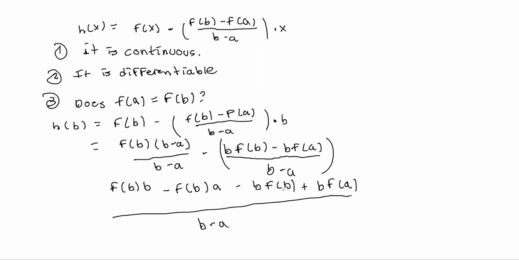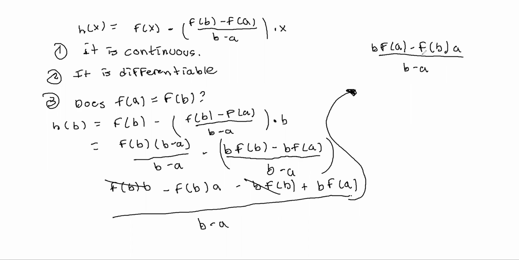Okay. Let's see. Notice how these two terms cancel out. So what we get is b f of a minus f of b a over b minus a. So that's our expression. So that's for h of b.